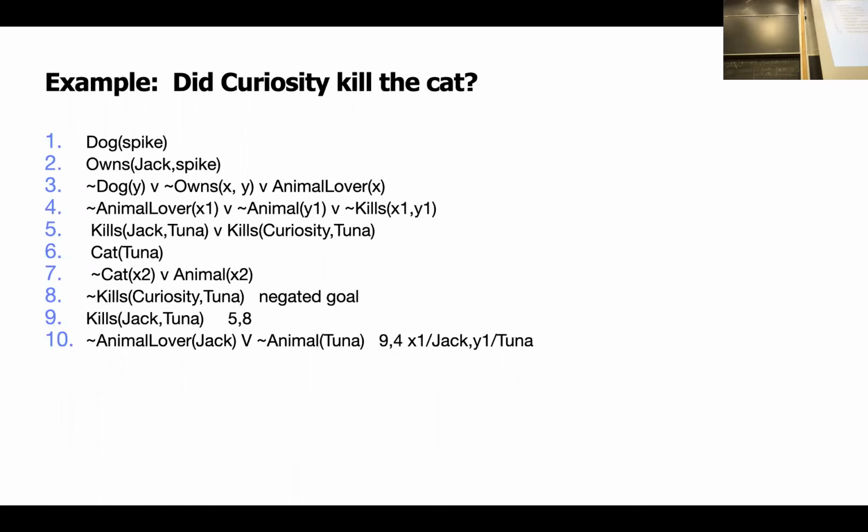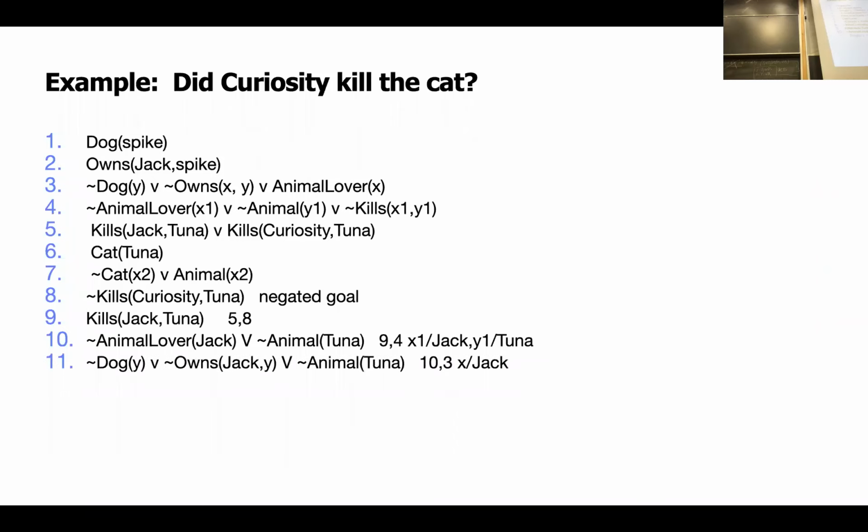So we can unify on kills, and we're left with the animal lover of x1 and not animal lover of y1. But now y1 and x1 are both instantiated to Jack and Tuna, so then we get not animal lover of Jack or not animal of Tuna.